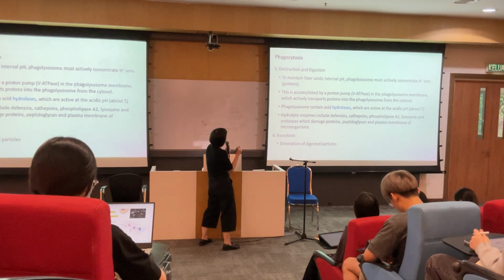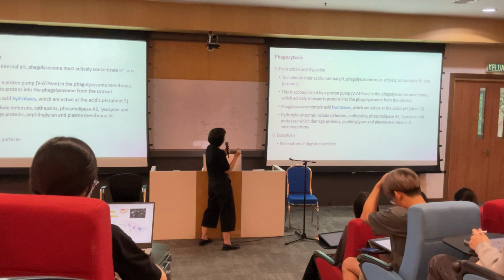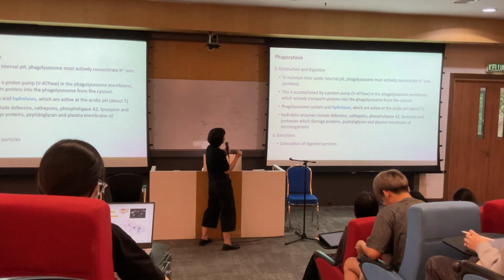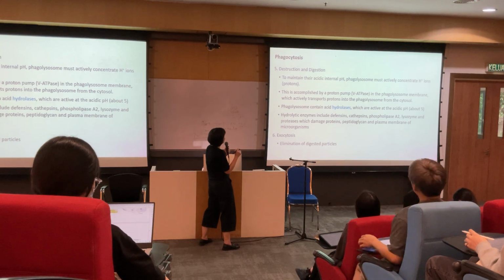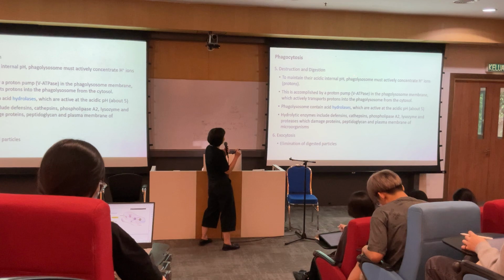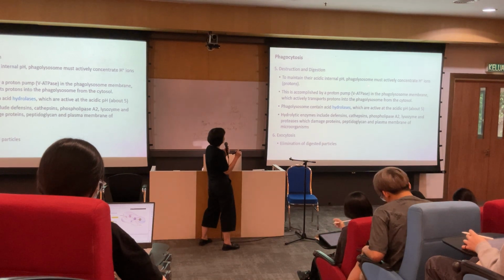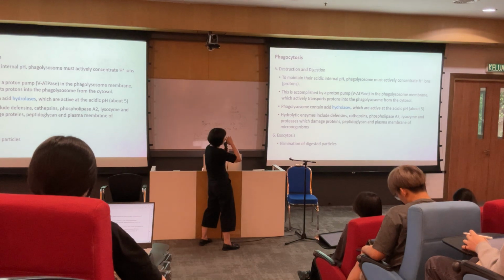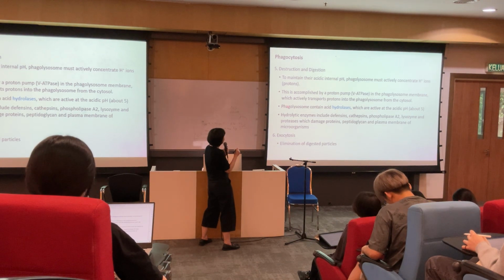So this is the destruction and digestion. What is inside the phagolysosome? So phagolysosome tries to maintain its acidic pH, which helps to make a lot of enzymes active. And how do they maintain their low pH?